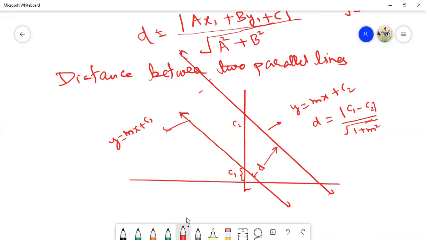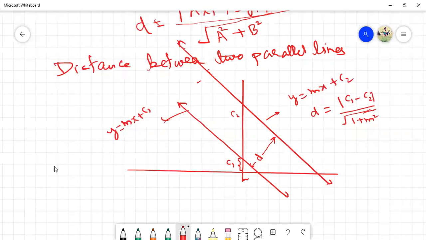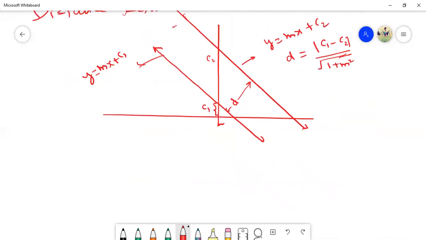If the equations are given in the general form, then how will you find it? Suppose these same equations are given as ax + by + c1 = 0, because they have the same gradient.